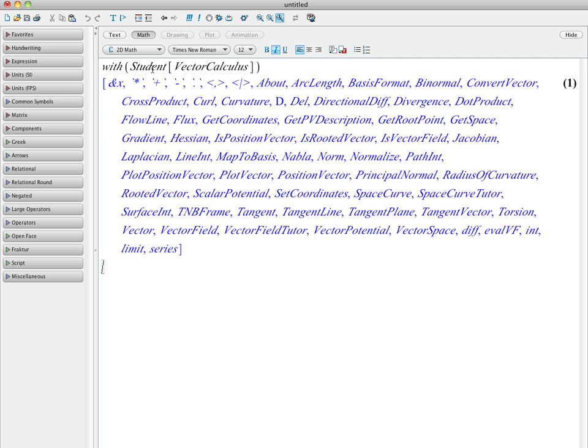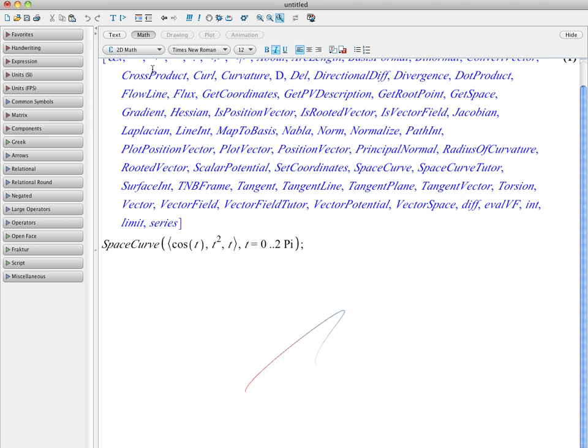And now I'm going to tell it to simply give me a space curve. I'm going to give it the components: cosine of t, t squared, and t, and I'm going to tell t to go from 0 to 2 pi. And there is my space curve.